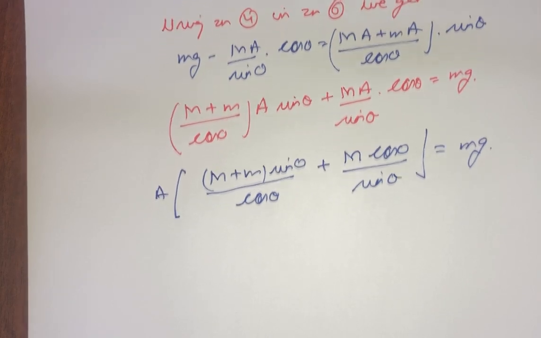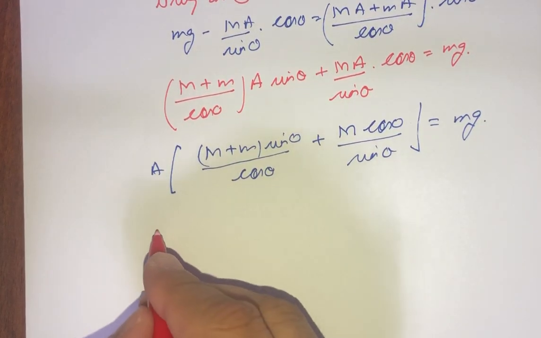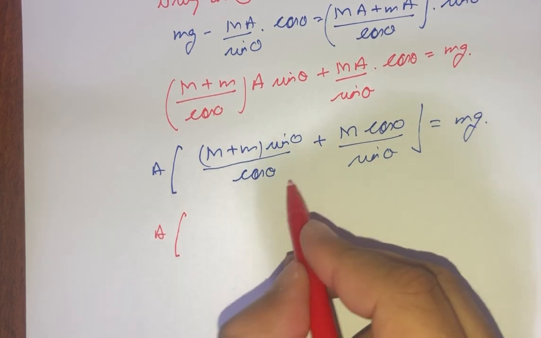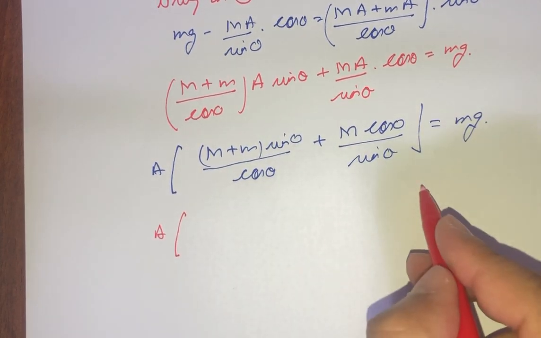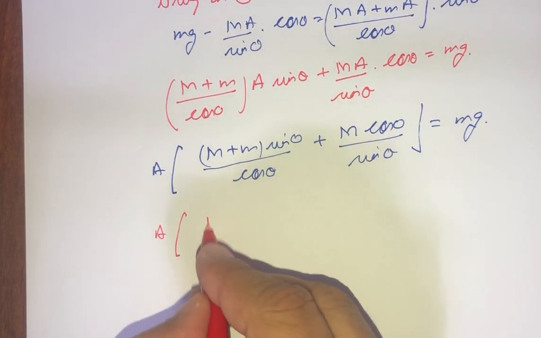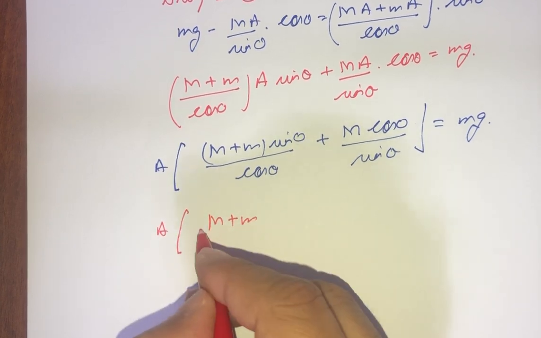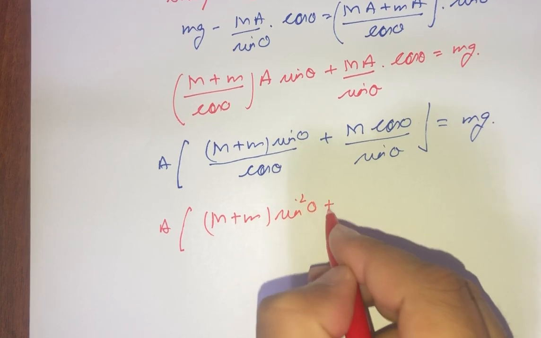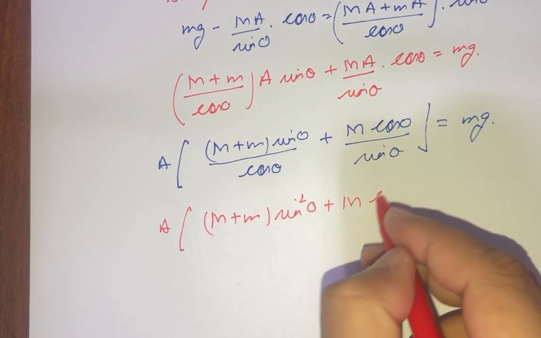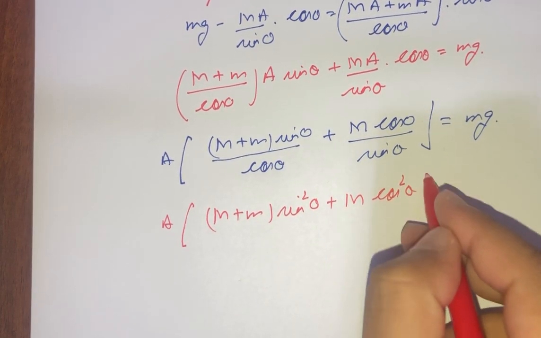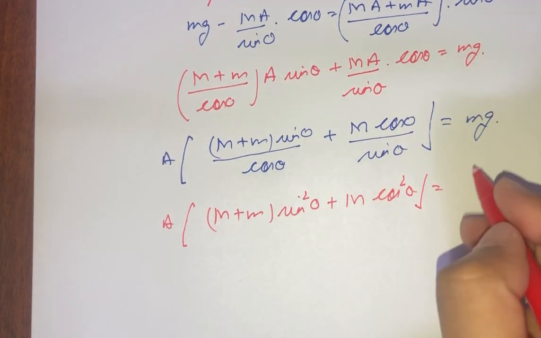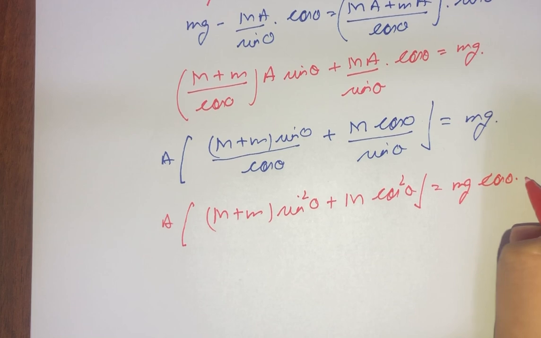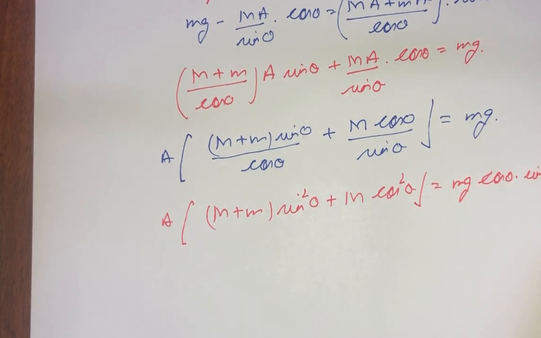Now taking the LCM, the cos theta and sine theta product will be the LCM, so we can say that this will be equal to m plus small m sine square theta plus capital M cos square theta, and cross multiplying here, this will be mg cos theta sine theta.